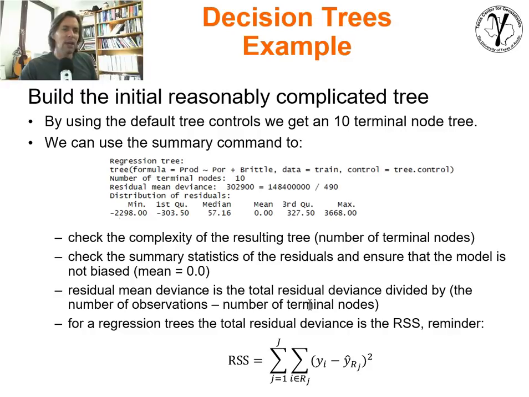For this calculation, it uses the total residual deviance, which in this case is really equal to the RSS, which we've already talked about before. The only thing is that we're standardizing it by the number of observations or data minus the number of terminal nodes.